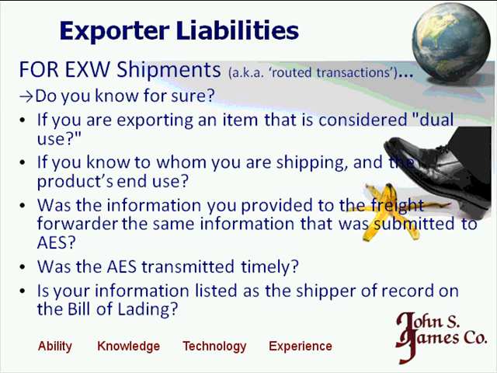Ex-Works shipments are also known as routed transactions. There is a lot of, I guess, outsourcing that the exporter does on a compliance basis. First of all, do you know if you're exporting an item that's considered dual use? There are some items that are of interest to the U.S. government, and this goes back to those four questions that you have to answer on every shipment.